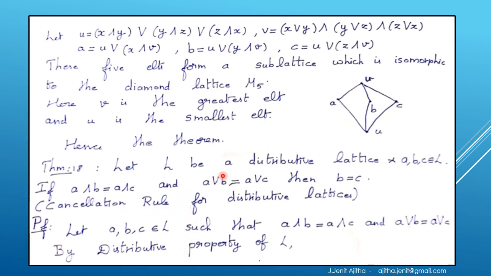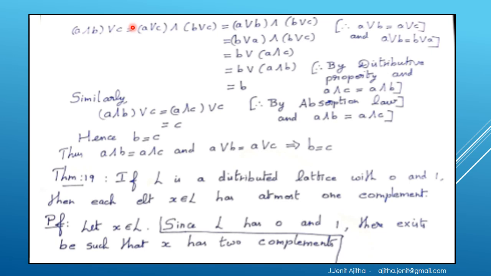Now assume L is a distributive lattice such that a meet b is equal to a meet c and a join b is equal to a join c. Now (a meet b) join c is equal to, we can apply the distributive property, (a join c) meet (b join c), and a join c can be replaced by a join b, so (a join b) meet (b join c).